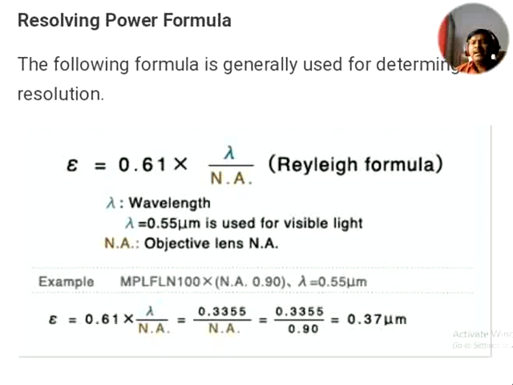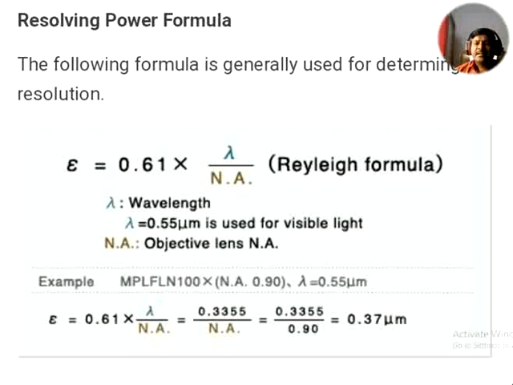So this is the Rayleigh formula, where lambda is the wavelength of light, and its value is 0.55 micrometer, used for visible light, and the numerical aperture means the objective lens numerical aperture.